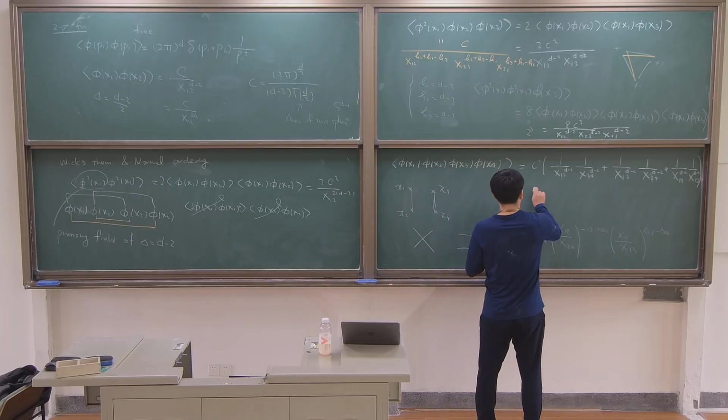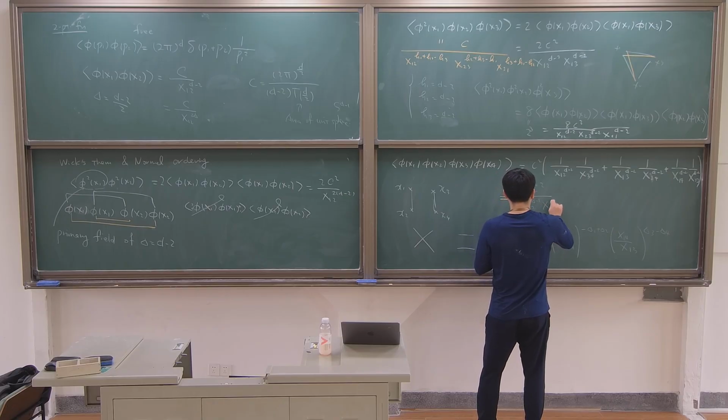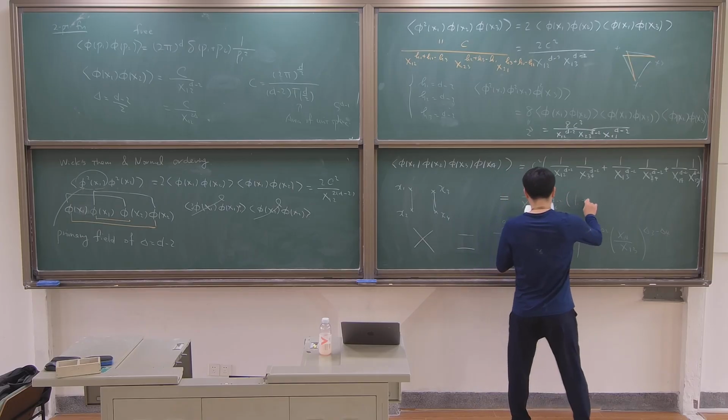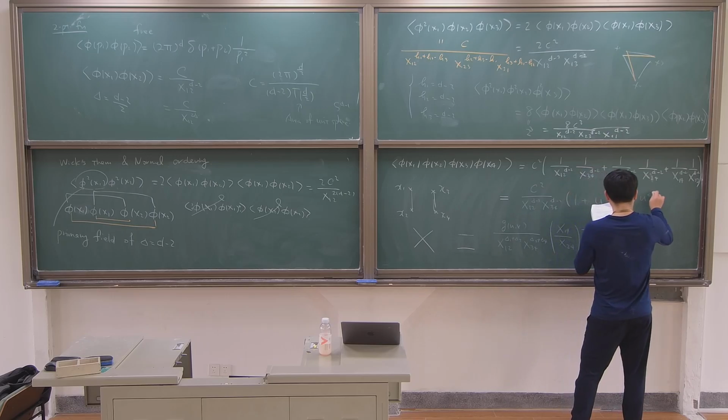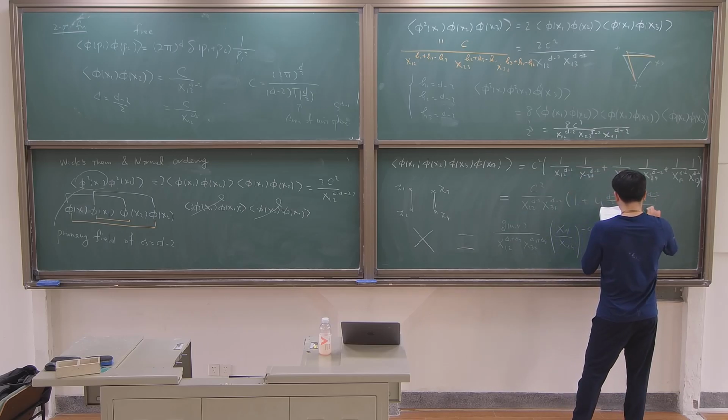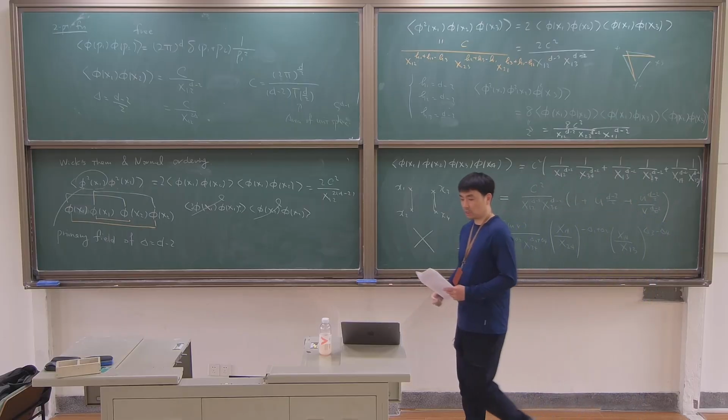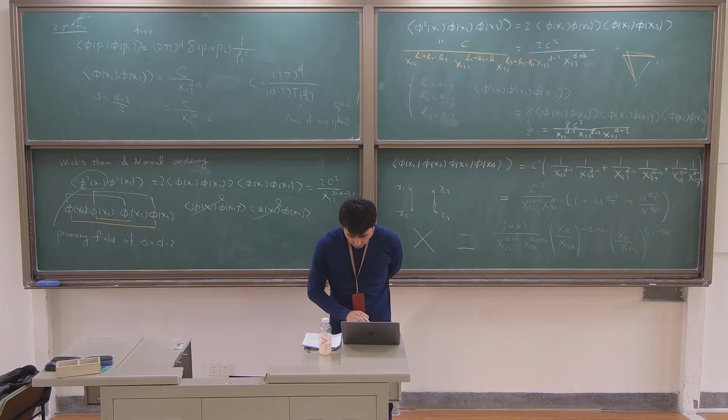So this one can be written as C squared divided by x12 to the d minus 2, x34 to the d minus 2, times 1 plus u to the (d minus 2) over 2 plus v to the (d minus 2) over 2. That is what you obtain.